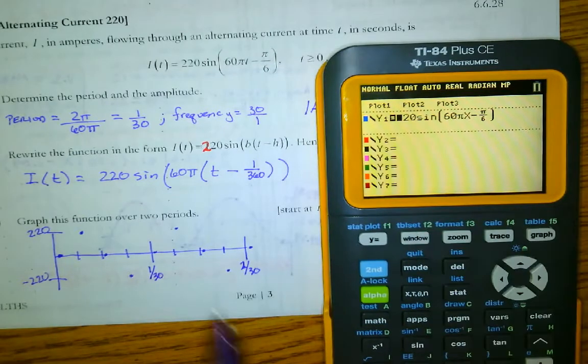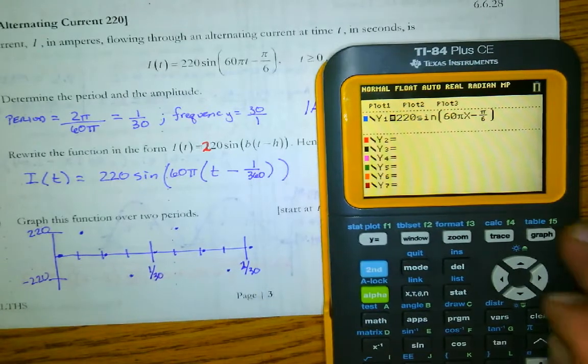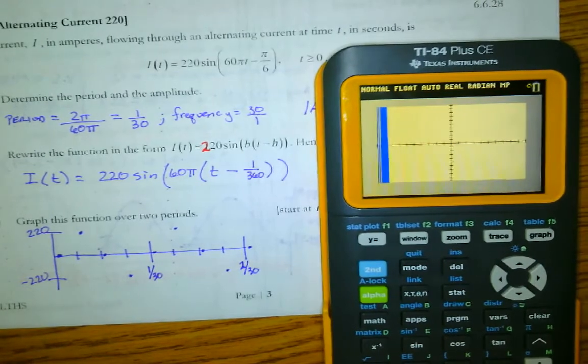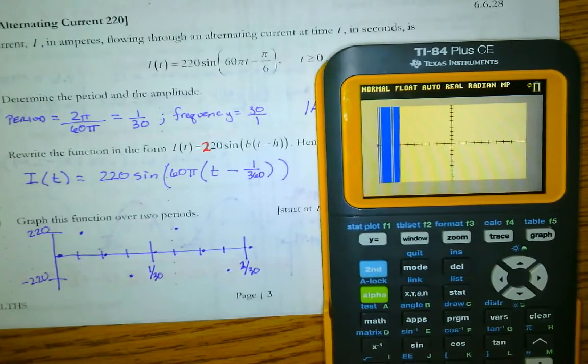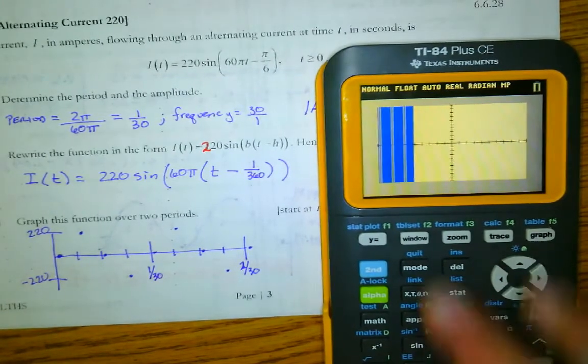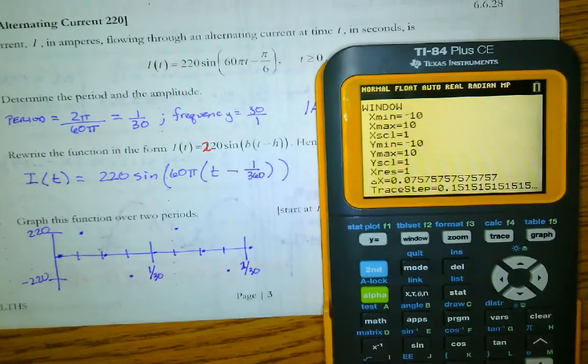And now what do we notice is our period. Here's our period. So here's going to be something that you want to be careful about. If I were to graph it now, I'd have that. Whew. That's kind of hard to look at, isn't it? If you press the on button, it'll stop drawing that graph. And what do I notice? I need to come back and change my period.